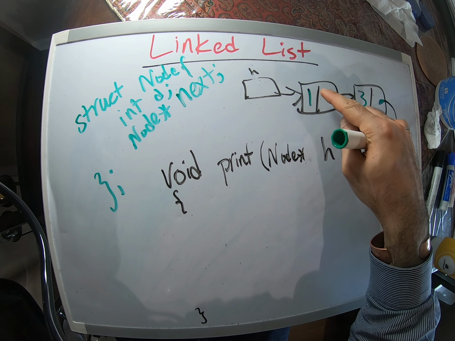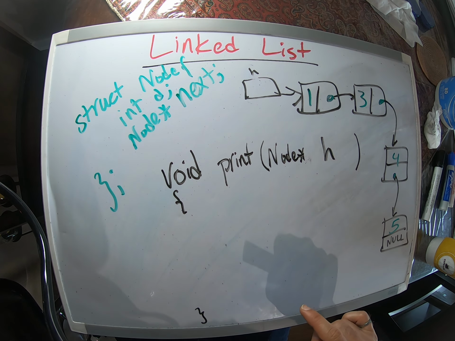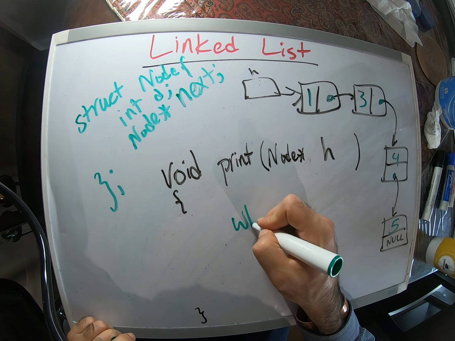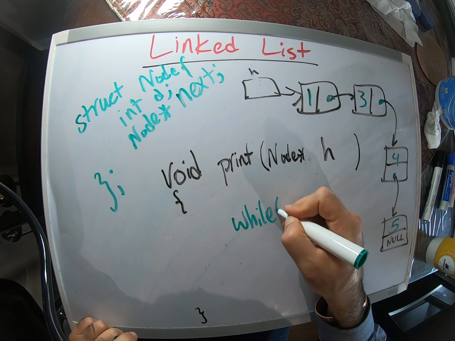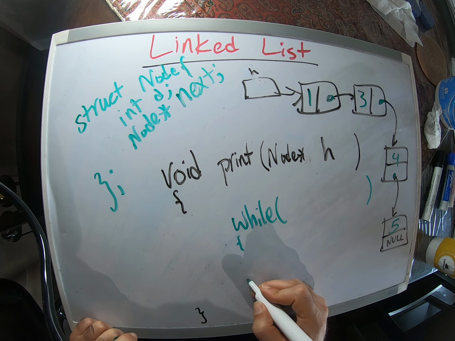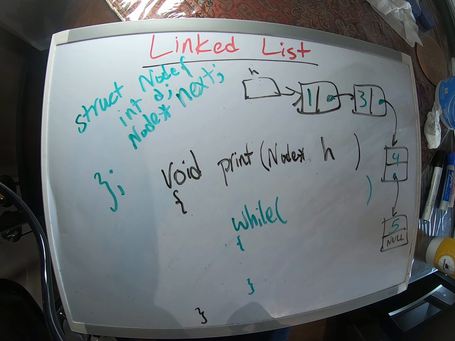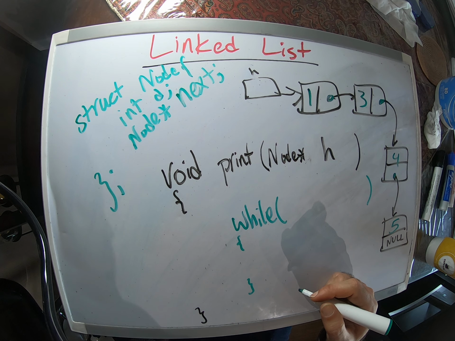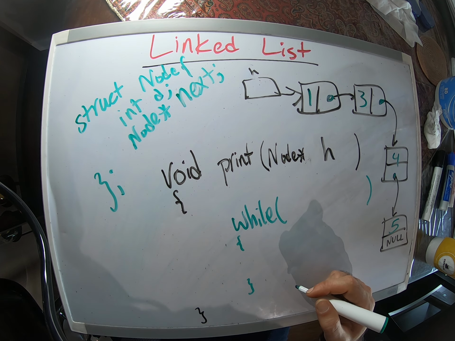So we have to traverse through this linked list. How do we do it? You do it using either a while loop or a for loop. Both of them are possible.